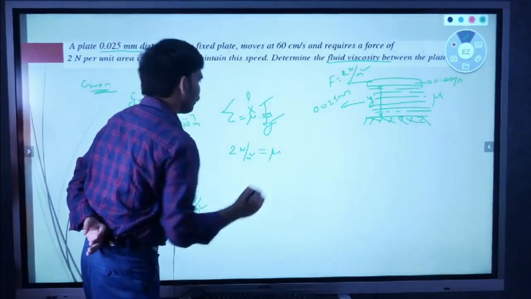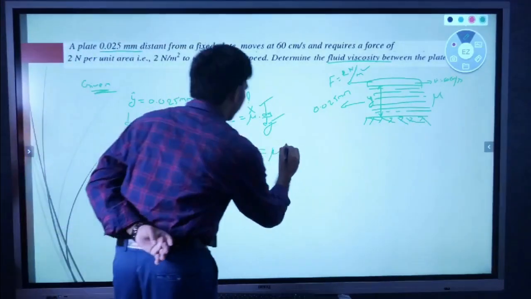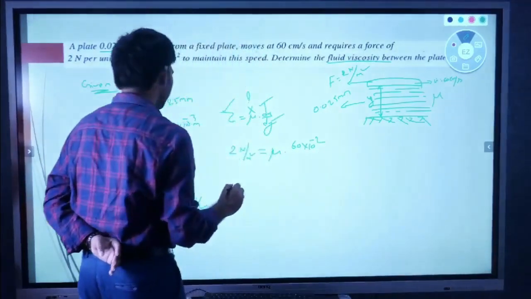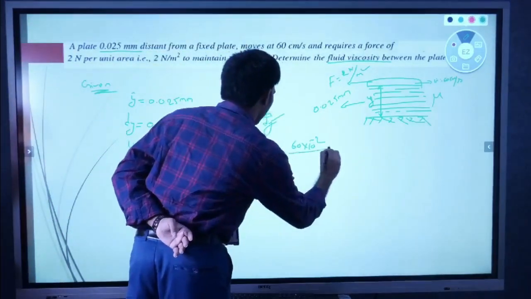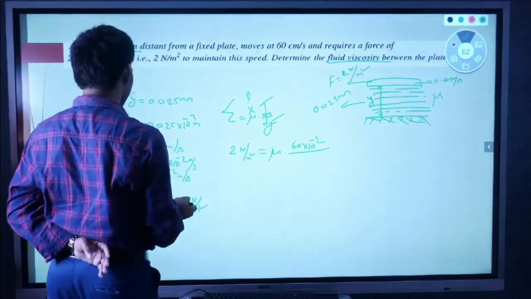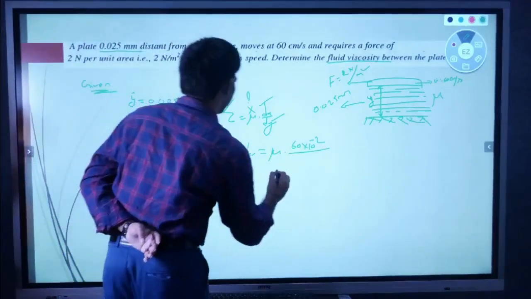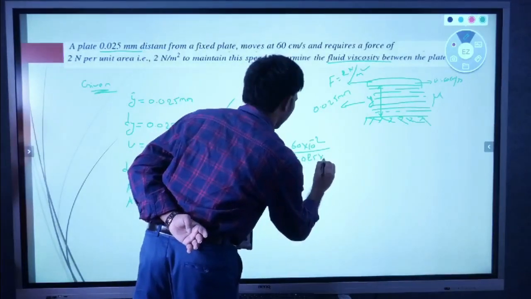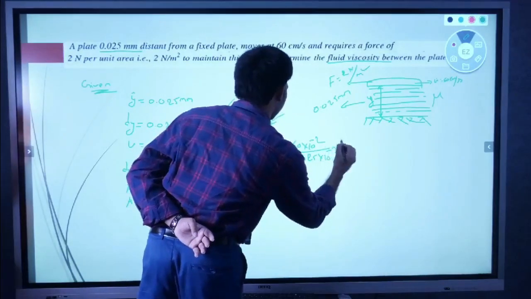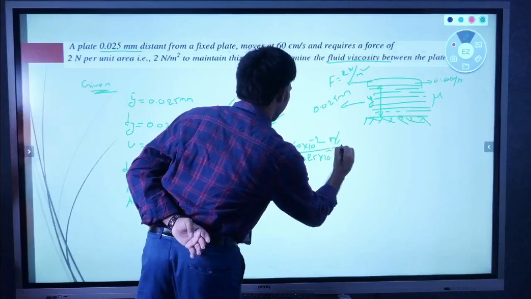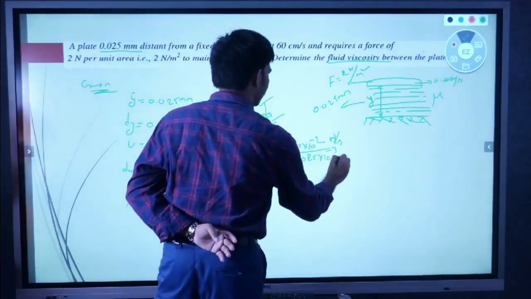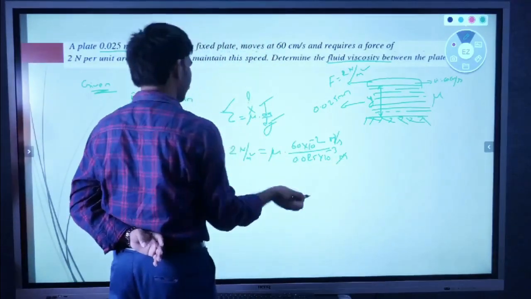So mu into, what is du? Du is 60 into 10 to the power of minus 2 by, what is dy? Dy is 0.025 into 10 to the power of minus 3. This is meter per second and this is meters, so meter will cancel, and the unit is Newton second per meter squares.